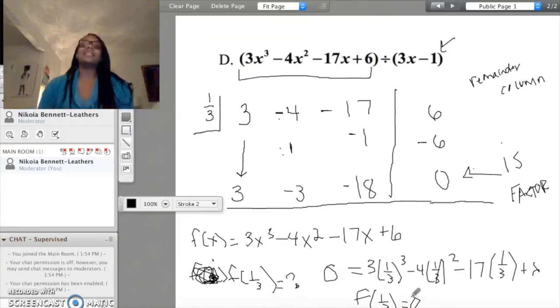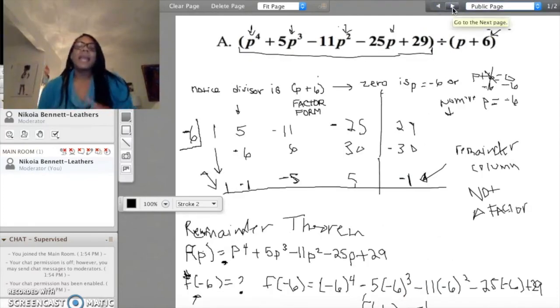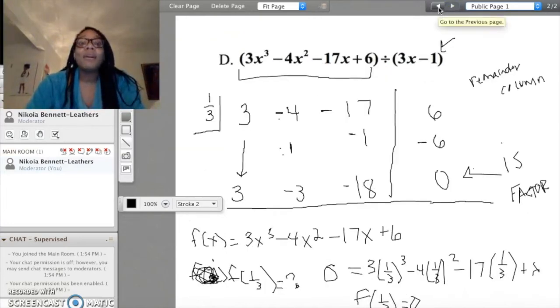Okay, what is the connection here? What is the big idea? If you could write a rule between the remainder theorem and synthetic division, you notice that when I plug the 0 of a polynomial into the function, it is going to give me the remainder, point blank, period. Let me clear that up, guys: the 0 of a factor.